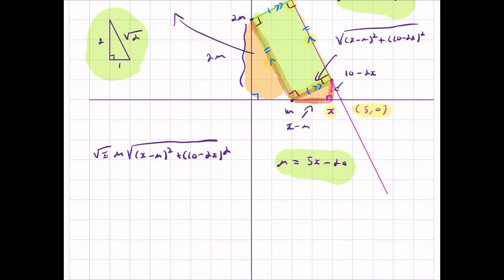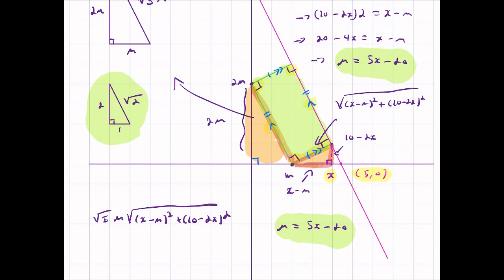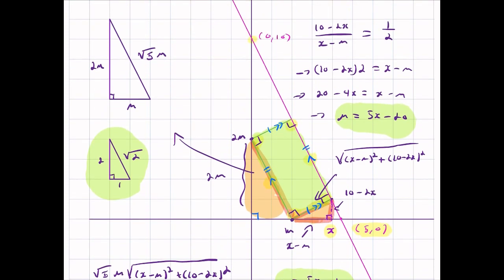So that's very nice. Just a note, if you're wondering what's going on with this: if you look at it, it's apparent that in order for m to be positive, x has to be bigger than 4, and that might seem weird, right? It might seem like if you move the x too far to the left, then m becomes negative, and you might think maybe I have the wrong formula.